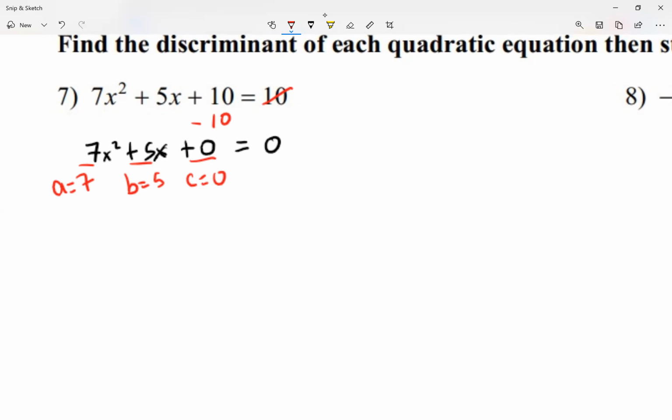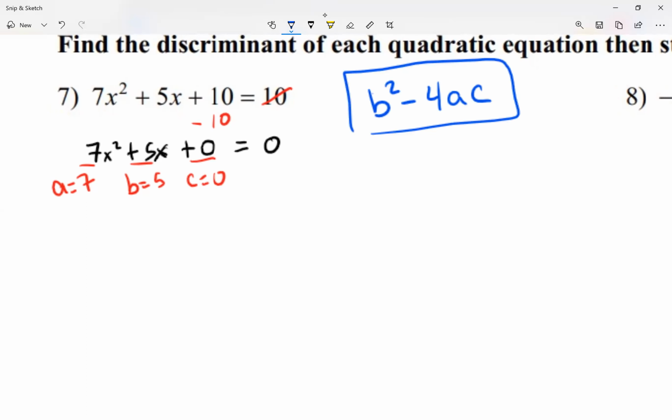A is 7, B is 5, C is equal to 0. Now, the reason why I need an A, B, C is because we're going to use a formula. My discriminant will be B squared minus 4 times A times C. That's going to be my discriminant, okay? B squared minus 4 times A times C.